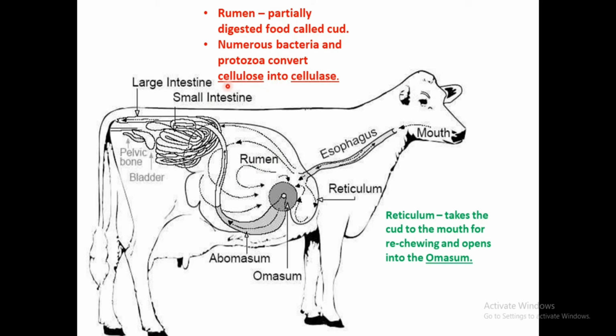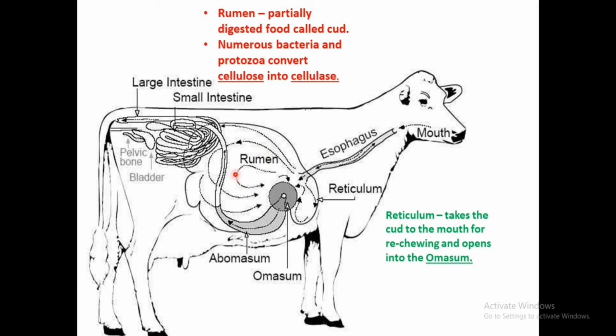Cellulose is a very important part of the plant cell, and our digestive system does not have the capacity to digest cellulose. That is why we always boil, cook and eat the plant material. We do not eat it raw, whereas the cow is able to eat it raw.